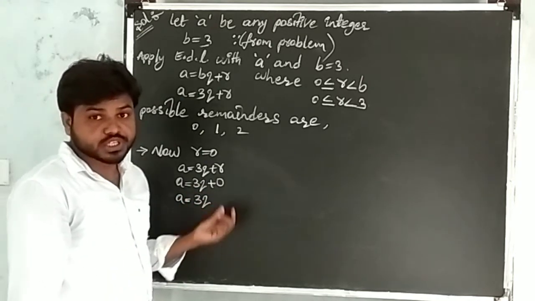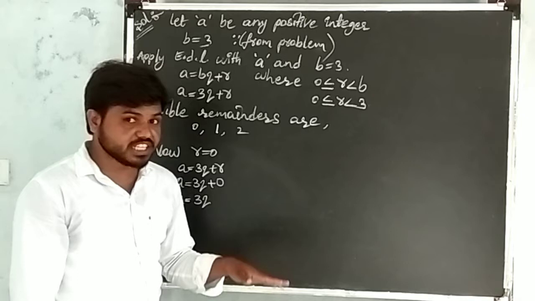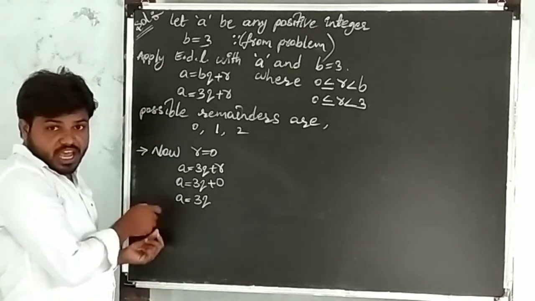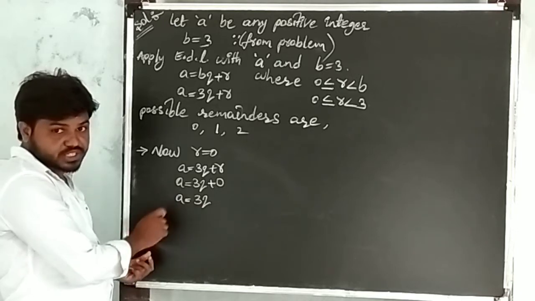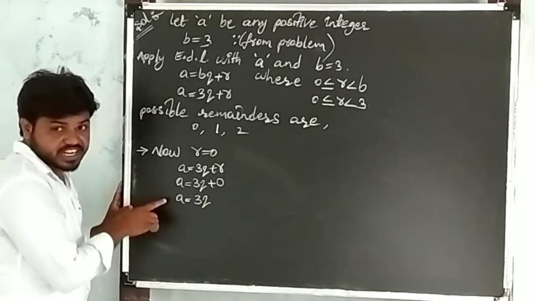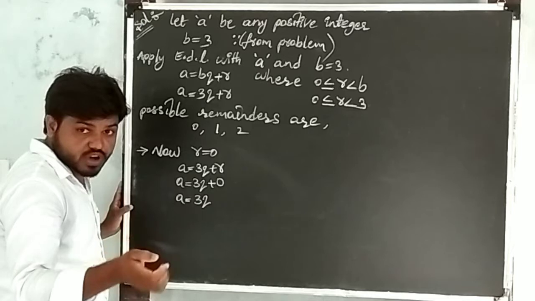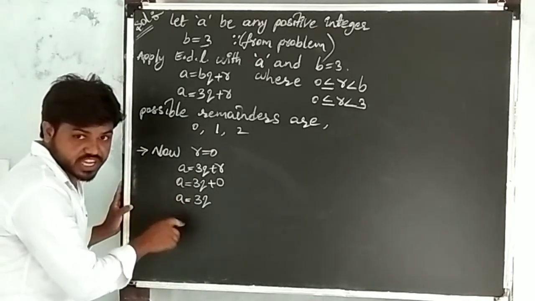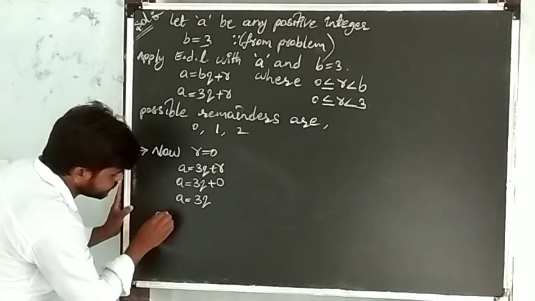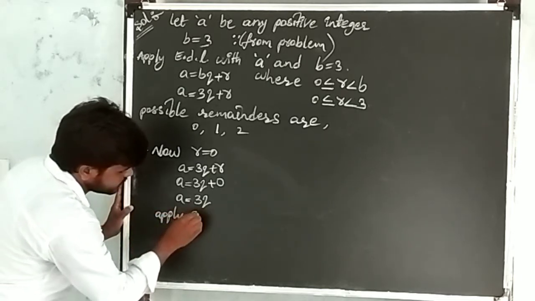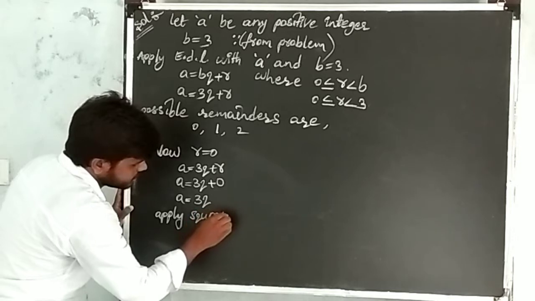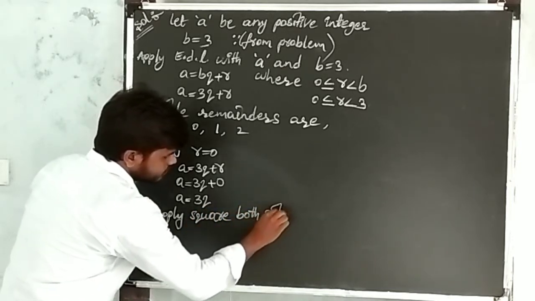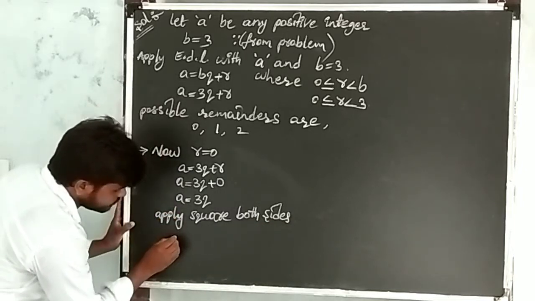We have to show that the square of any positive integer is of the form 3p or 3p plus 1. That's why I am applying square on both sides.